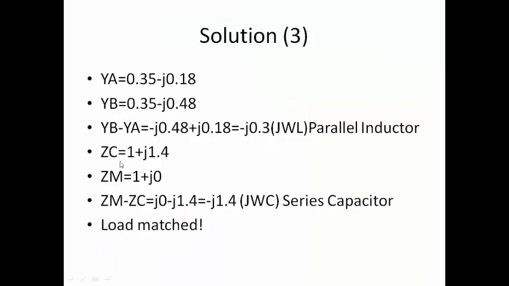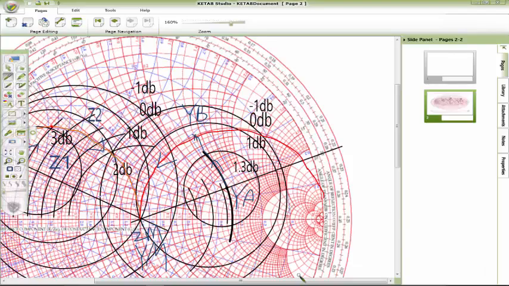So this means ZC equal 1.4, and Zm, the matched point, we have 1 plus J0. So Zm minus Zc equal J0 minus J1.4. We have minus J1.4 series capacitor. This is how we make the load matched.